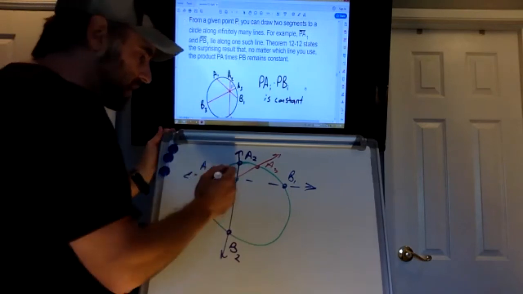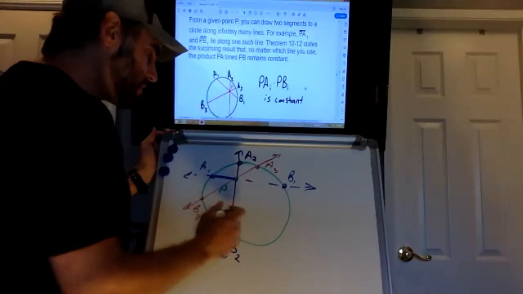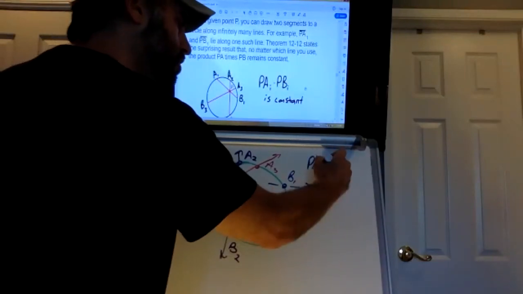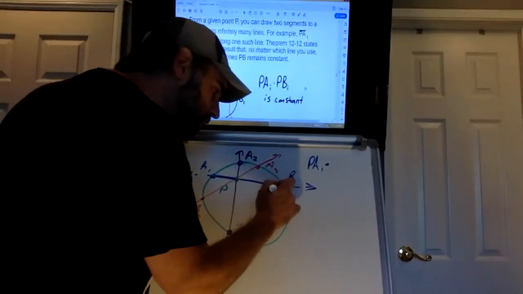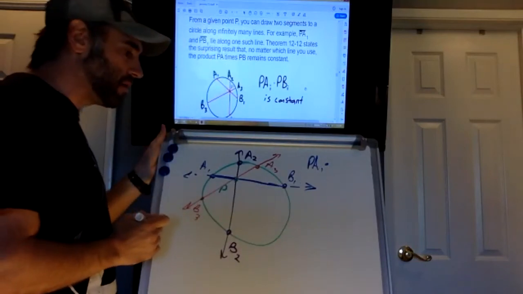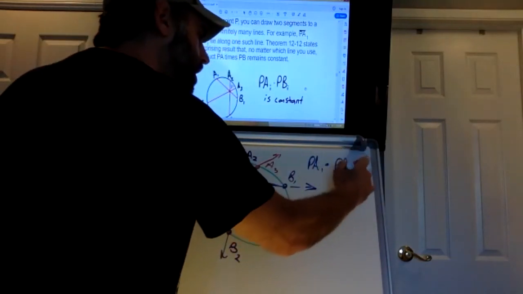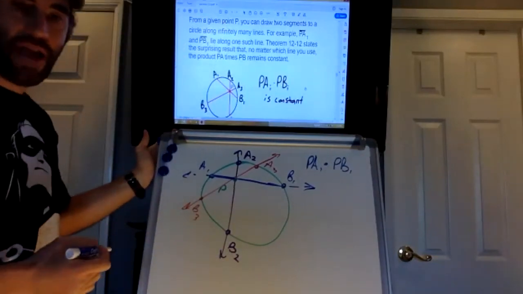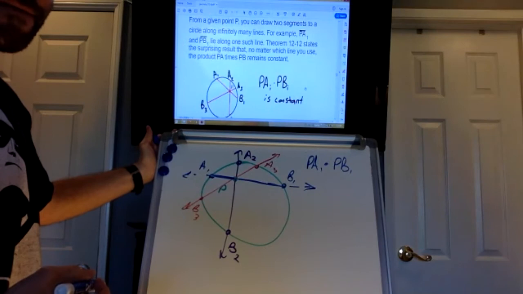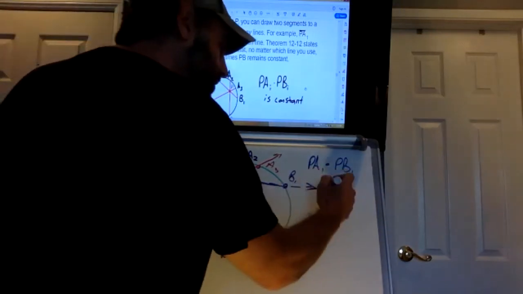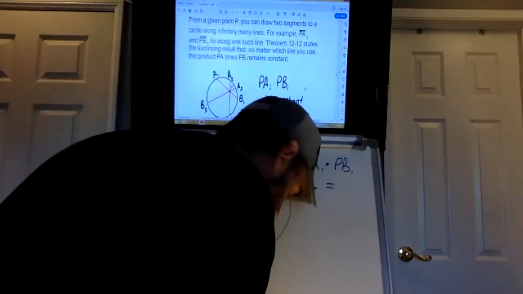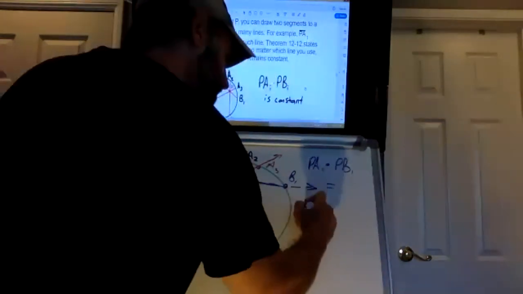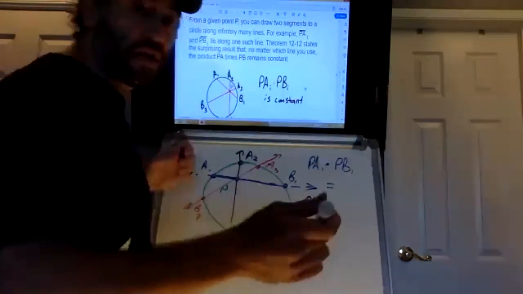What we are going to say is that this segment here, let's say PA1, multiplied to its counterpart, to the circle on the other point, PB1, is constant along any line drawn through that point. So that's equal to PA2 times PB2 equals PA3 times PB3 equals PA4 times PB4.